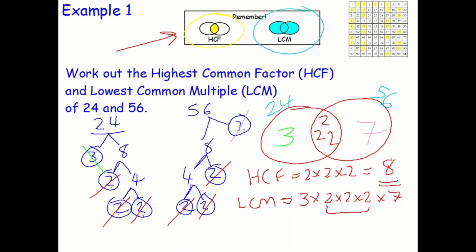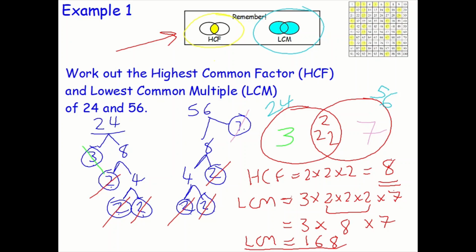Well, I've just found out that this is 8, and I know that 8 times 7 is 56, so all I need to do now is multiply it by that 3 that's up there, and that gives me 168. So my LCM of those two numbers is 168.